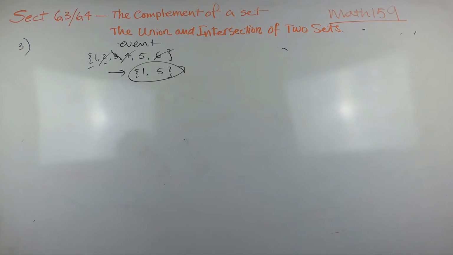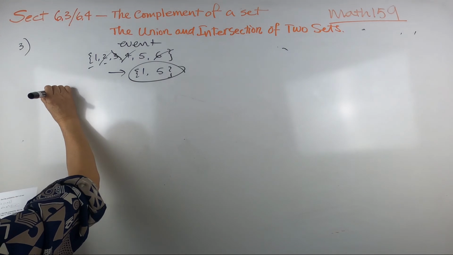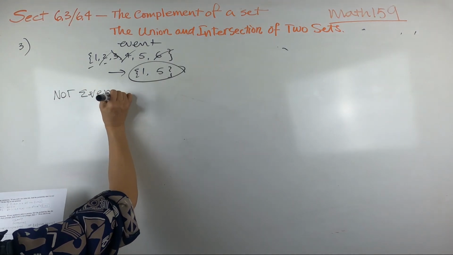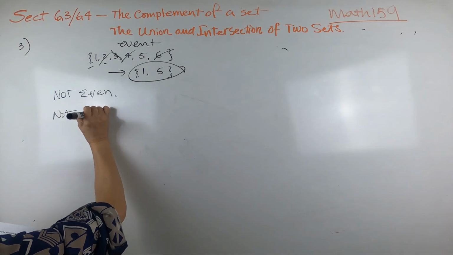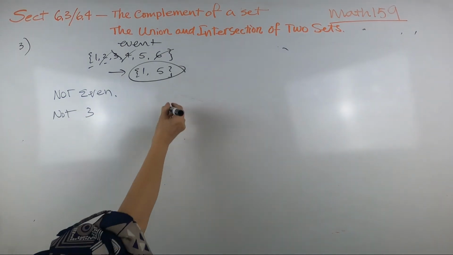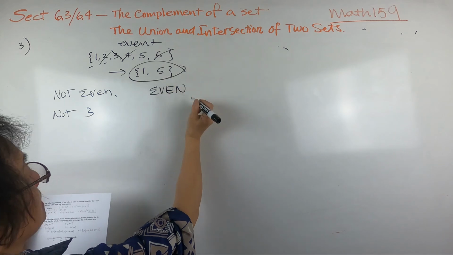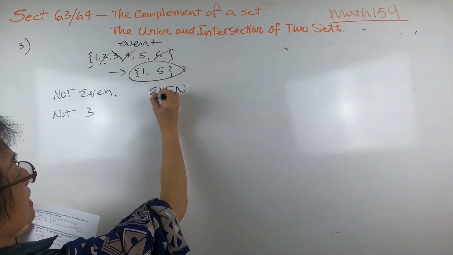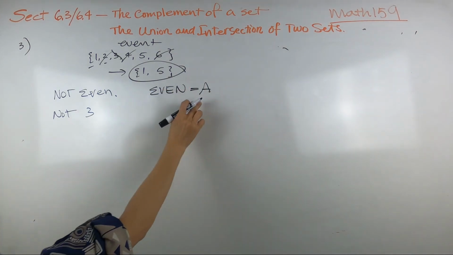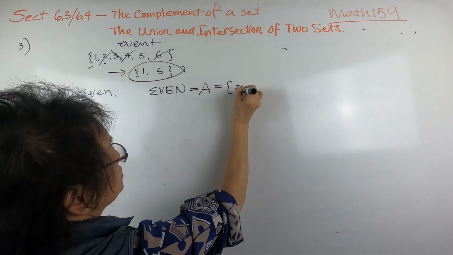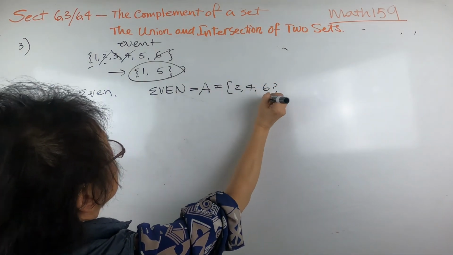Then we want to practice the set symbol. It's talking about event, not even, and not 3. If set A is even, that means 2, 4, 6.